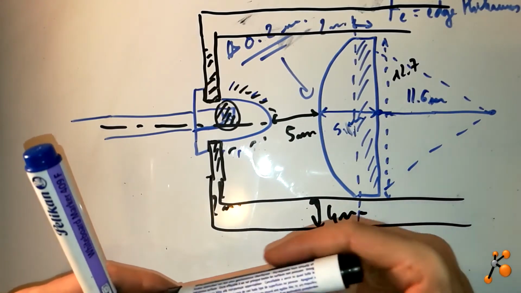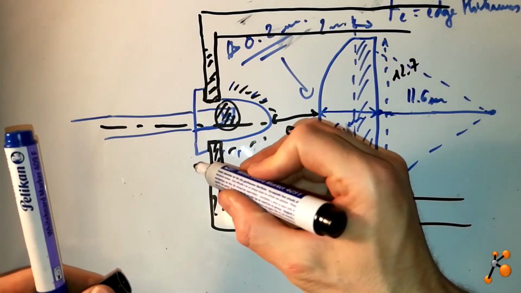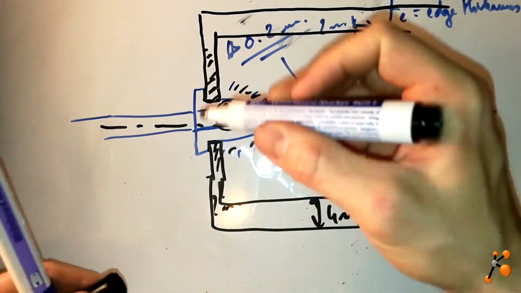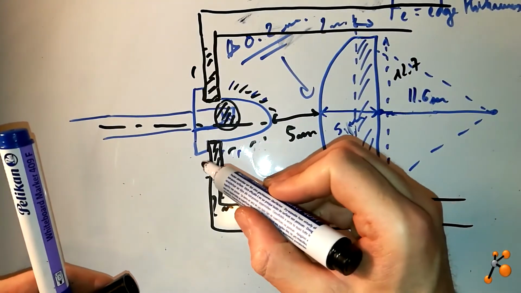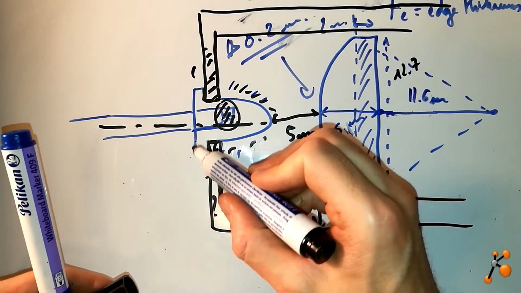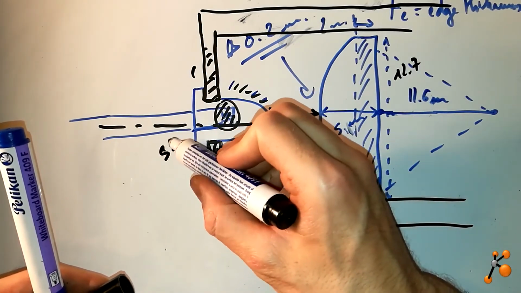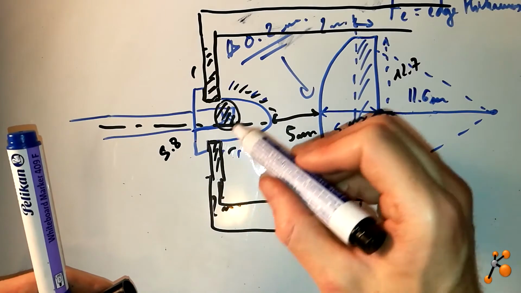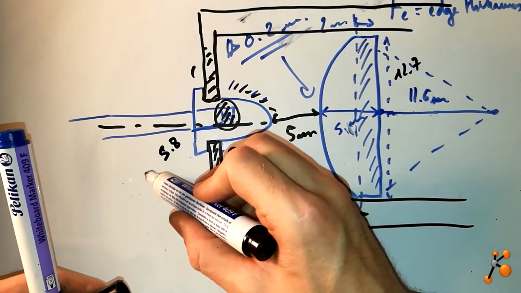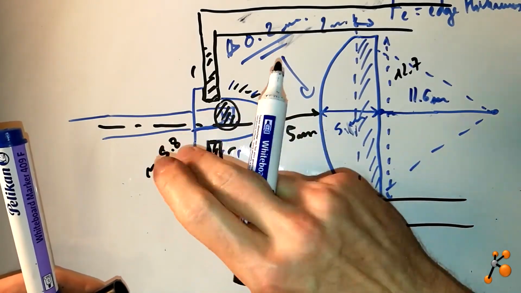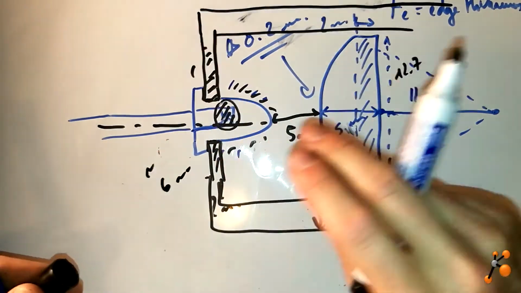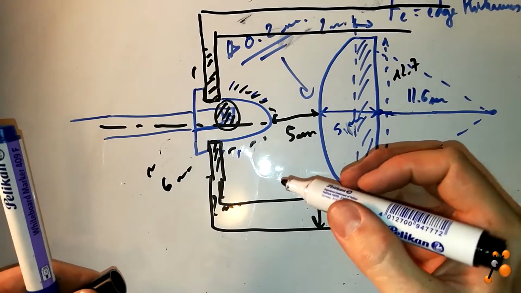Then here we know that the lead, I didn't mention, but the lead here is 1 millimeter thickness. The diameter is 5.8, so more or less 6, as I said before, that I will make it more simple.